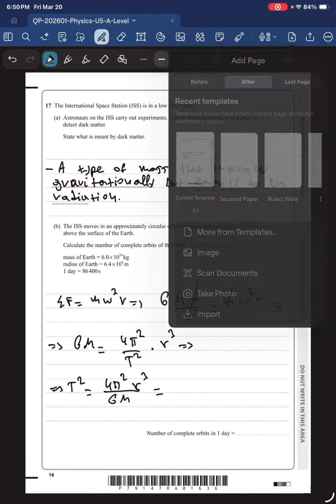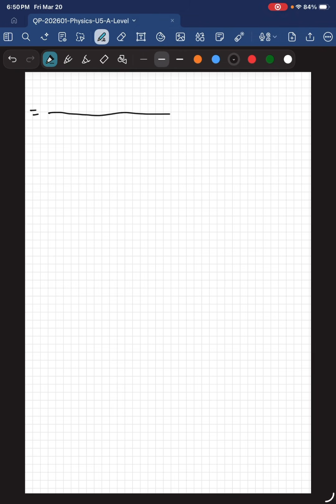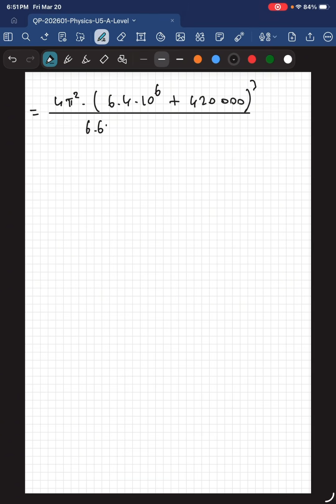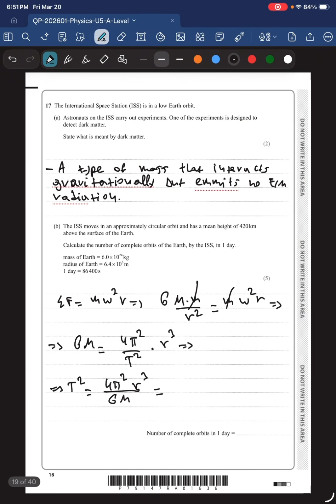Okay, and if we plug in values, we find 4 pi squared times, now the radius is equal to the radius of the Earth, 6.4 times 10 to the 6 meters, plus the height, which is 420,000 meters above ground, all cubed, over 6.67 times 10 to the negative 11 times 6 times 10 to the 24, and this ends up being 3.13 times 10 to the 7, and this is second squared because we are solving for T squared.